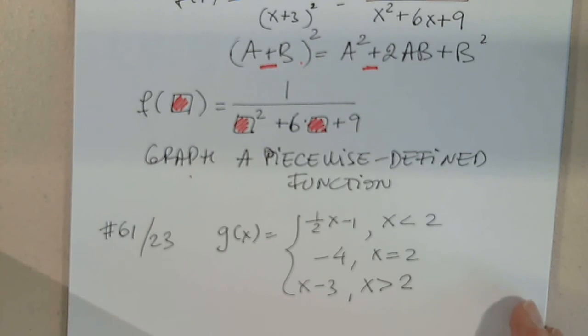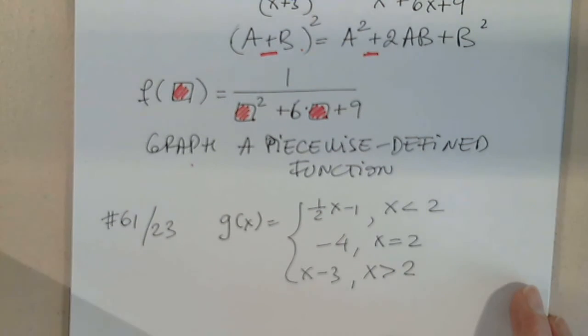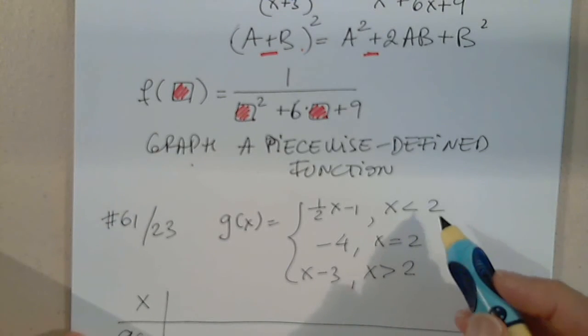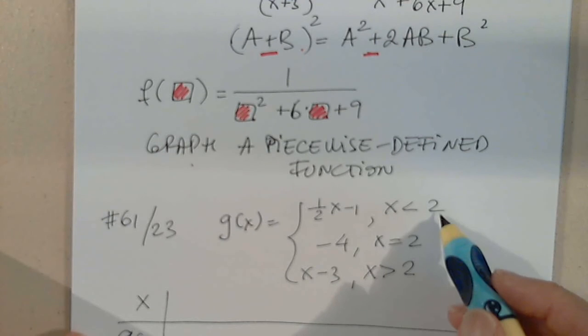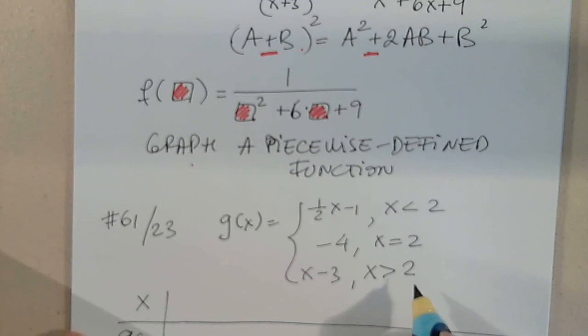Every time I'm asked to graph a function, I have to start by identifying, determining, or stating its domain. I see that this function is defined on all real numbers because it's defined to the left of 2, is defined at 2, and it's defined to the right of 2.